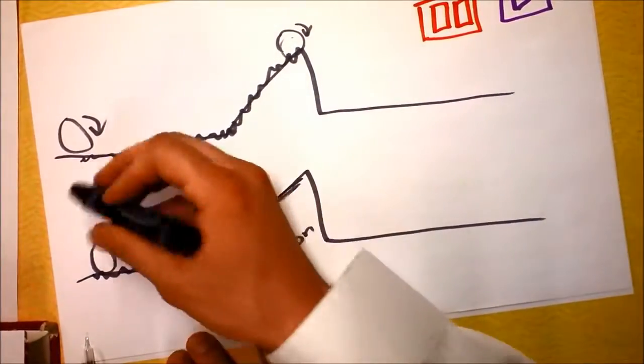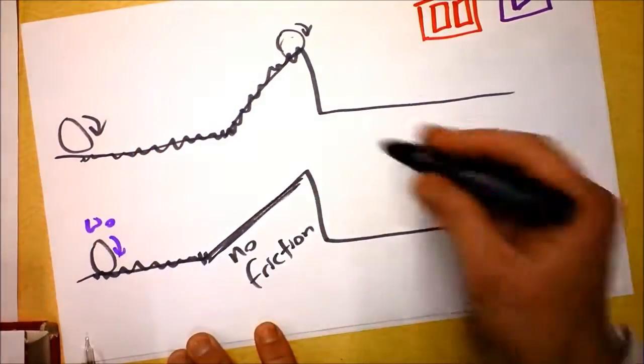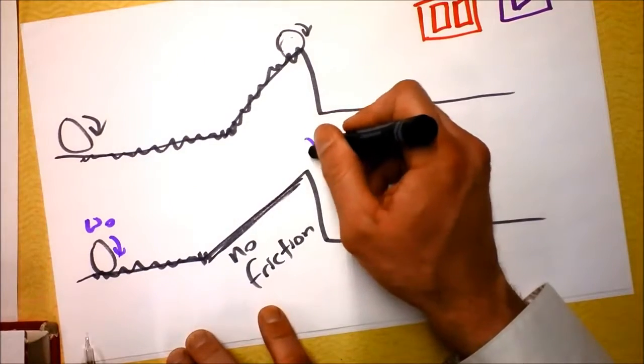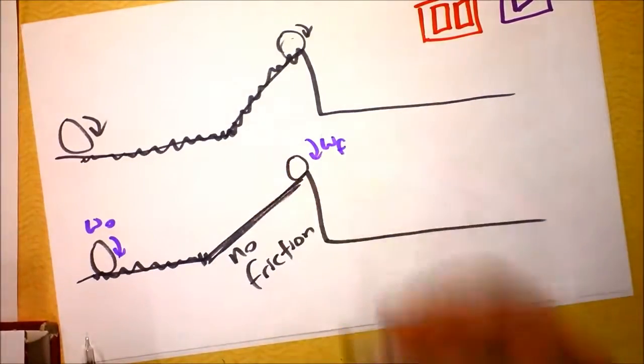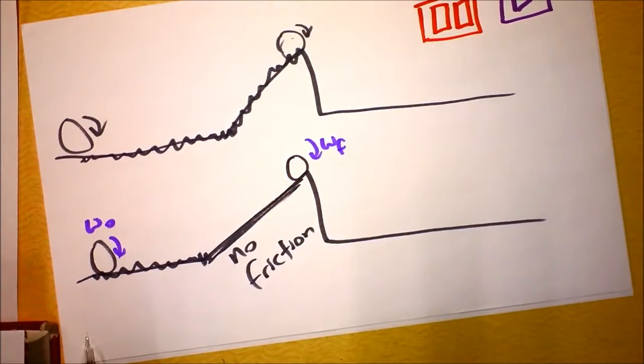How is omega going to change for this guy? It comes in with an omega naught, and up here it's got an omega final. What do you think about omega final and omega naught for situation 2 when the ball has been rolling up the ramp with no friction?